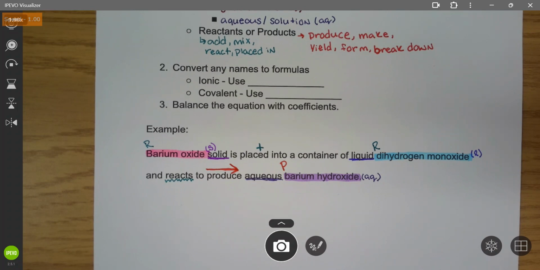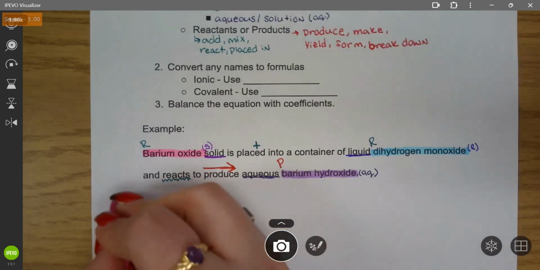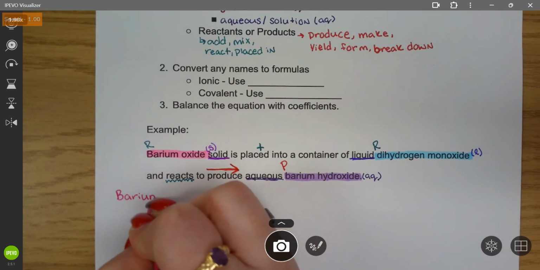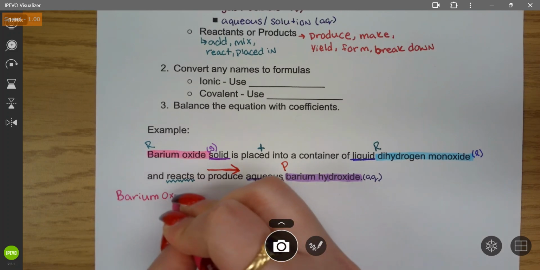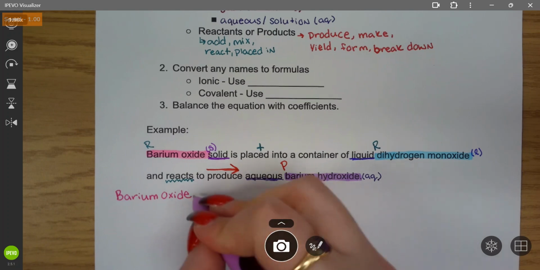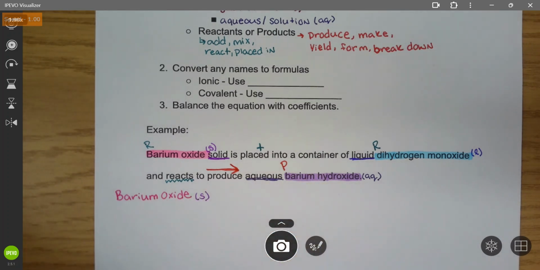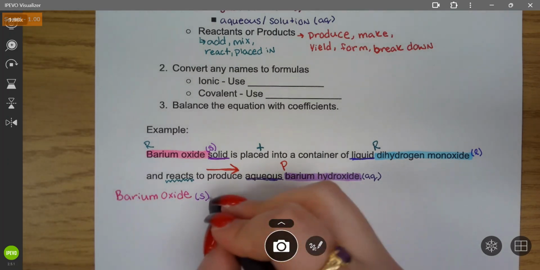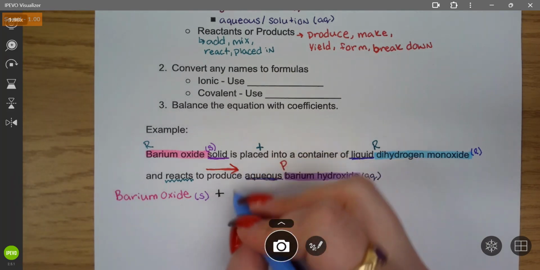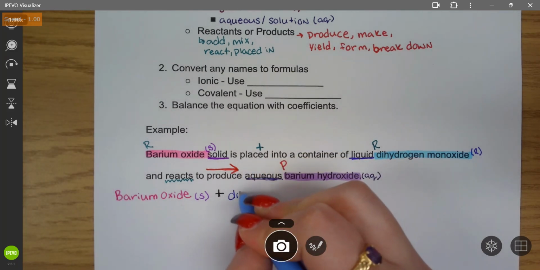Now, note we don't have any formulas yet. We'll do that part next. But our equation so far just looks like this. We have barium oxide in the solid state of matter is being placed into our container that contains liquid dihydrogen monoxide.